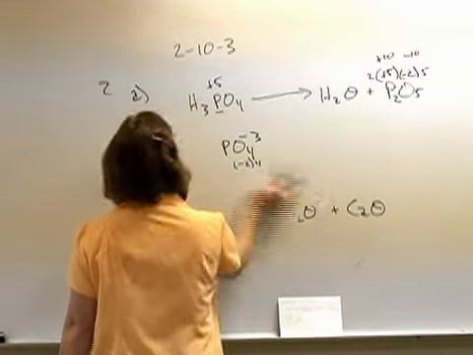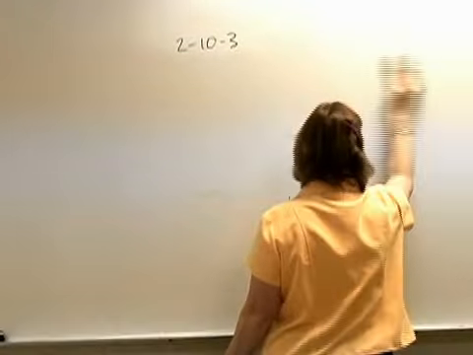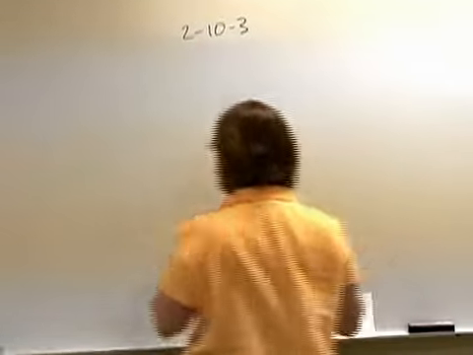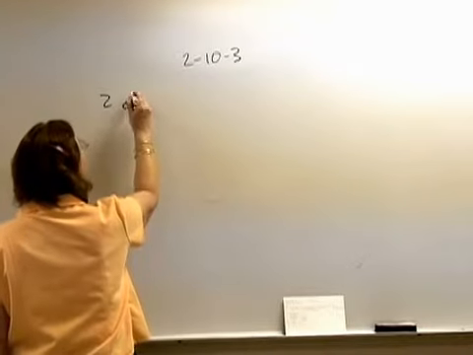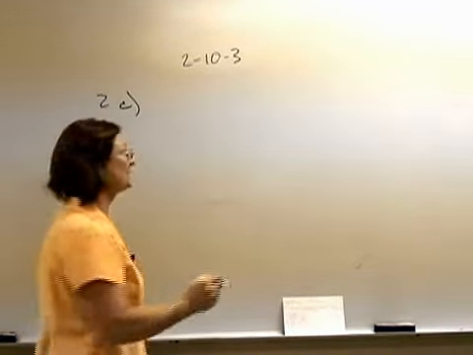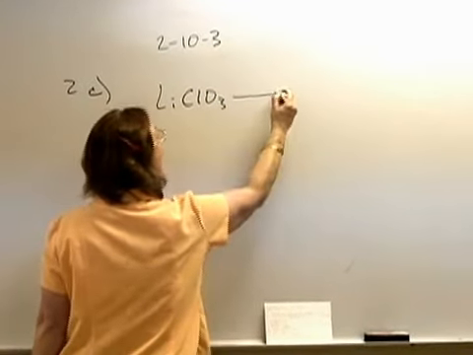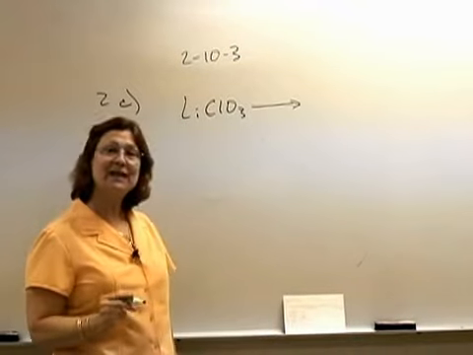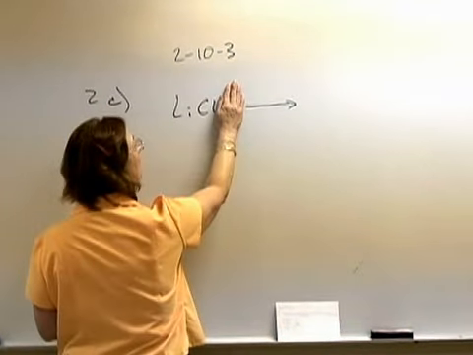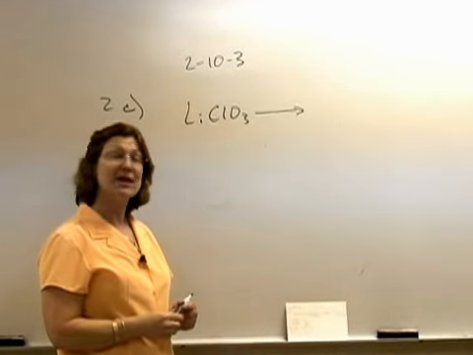Now, C is one of my all-time most favorite. I just love this one. So 2C is lithium chlorate. Whenever I decompose the metallic chlorate, I'm driving off the oxygen, and we actually did a lab that was doing this exact same thing.